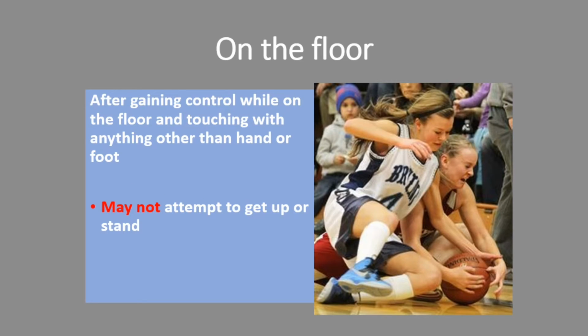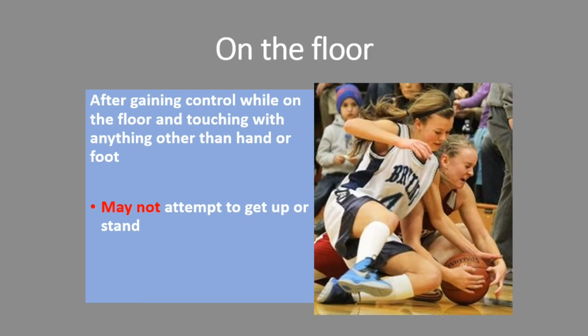Now, if I've gained possession while on the floor, so the ball's come to me and I've grabbed the ball while on the floor, I cannot get up or make an attempt to get up. That requires some explaining. If I'm on my back, I can't move to my side.